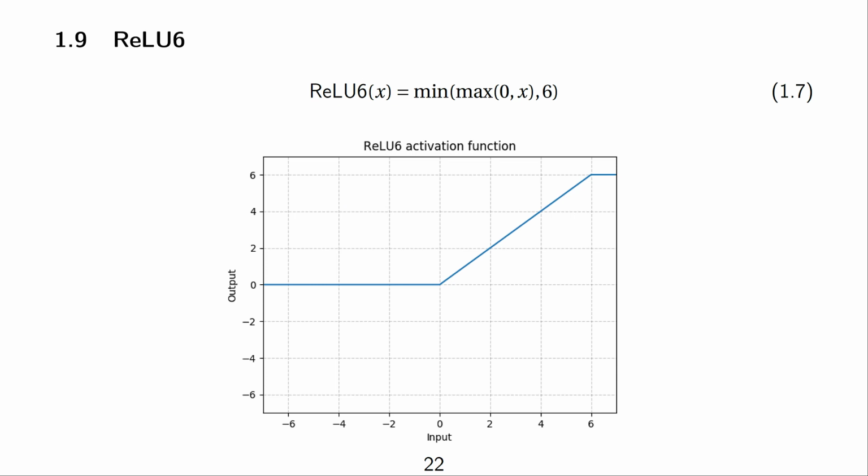Here we see the activation function ReLU 6 that consists of min, max, 0, x, and 6. So it's identical to the ReLU function. However, it is clamped to 6 for values larger than 6. So why would there be such a weird activation function that is available in PyTorch? The idea here is that this activation function might be useful for mobile computing and fixed point arithmetic.